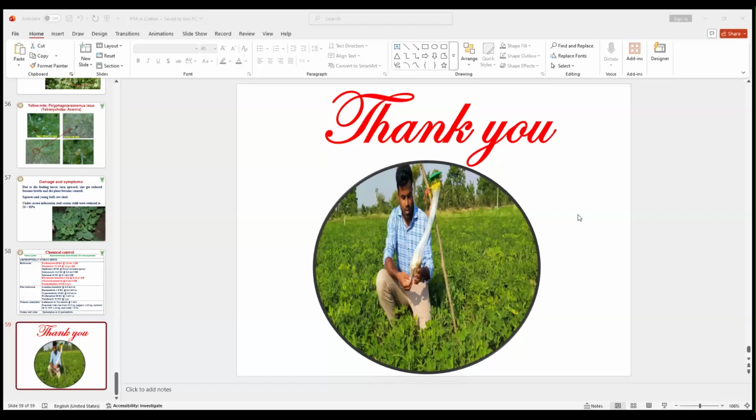Easily they can control it. The main thing here is our extension system. We have to focus and train the farmers in such a way that they can identify most of the pests and diseases. Then only we can manage these pests effectively.